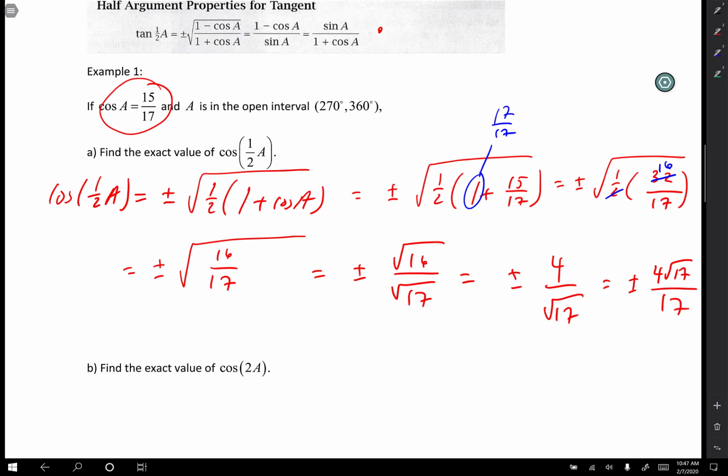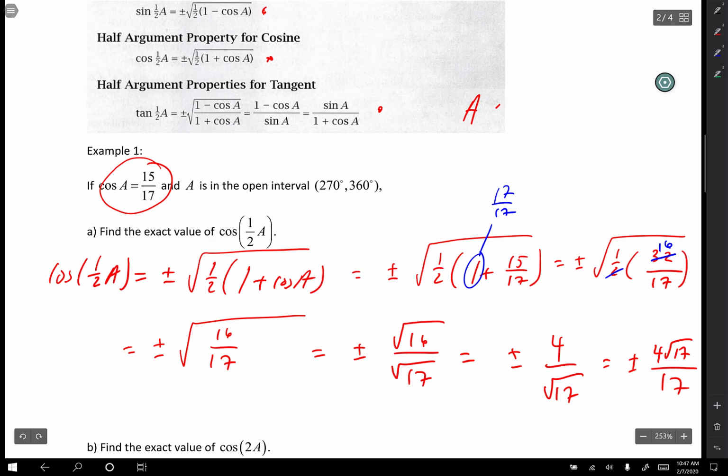Why do you think it's positive? Oh wait, no. Is it negative because of the interval? What's my interval? 270 to 360. You're telling me that cosine is negative on 270 to 360? Okay, positive. A is positive for cosine on 270 to 360.